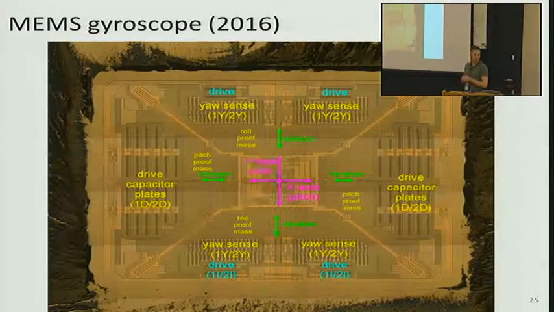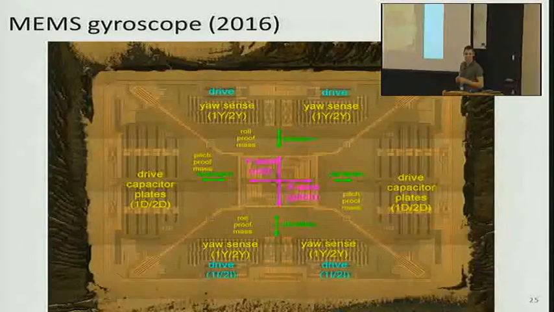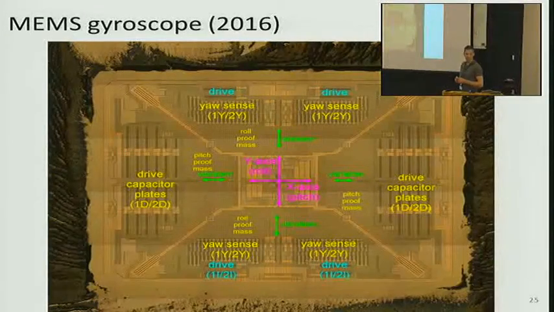That will change the capacitance, and the electronics can read that. So you put a couple of those things together and you end up with a really teeny-weeny gyroscope that can measure angular velocity.